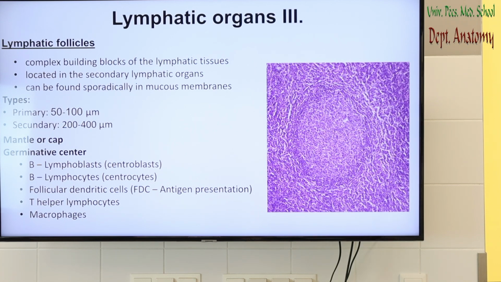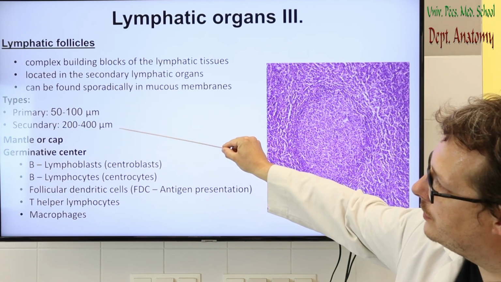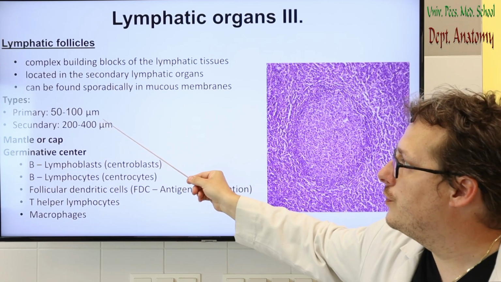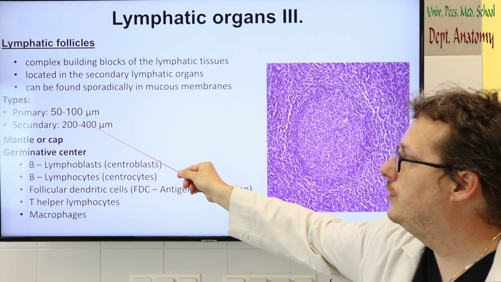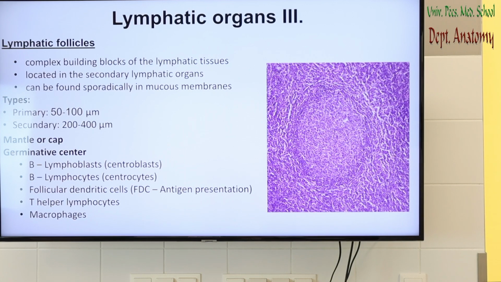Once the B cells, so the B lymphocytes, get exposed to antigens, they will trigger a germinative reaction, and primary follicles become secondary follicles, which are first and foremost larger in size, 200 to 400 microns, and they have this very specific organization that you can see right here.